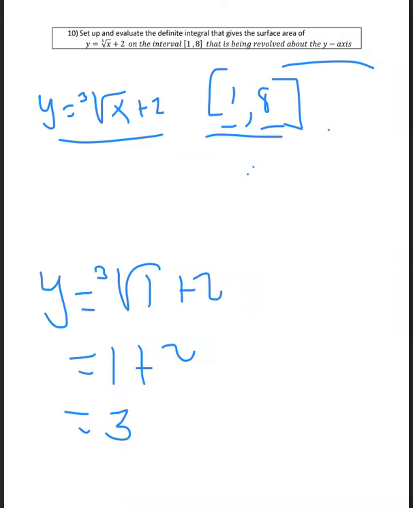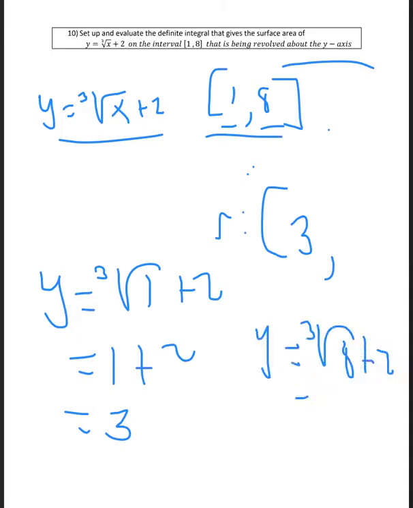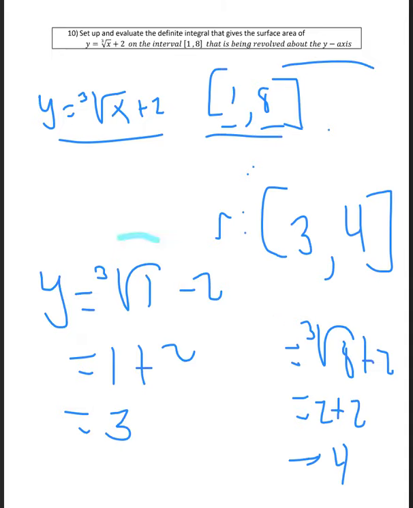That's 3. So our new range is 3 to something. When you plug in the next one, we're going to plug in 8. The cube root of 8 plus 2, that's 2 plus 2, which is 4. So our integral bounds are going to be from 3 to 4. Does that make sense? Yeah. All right.